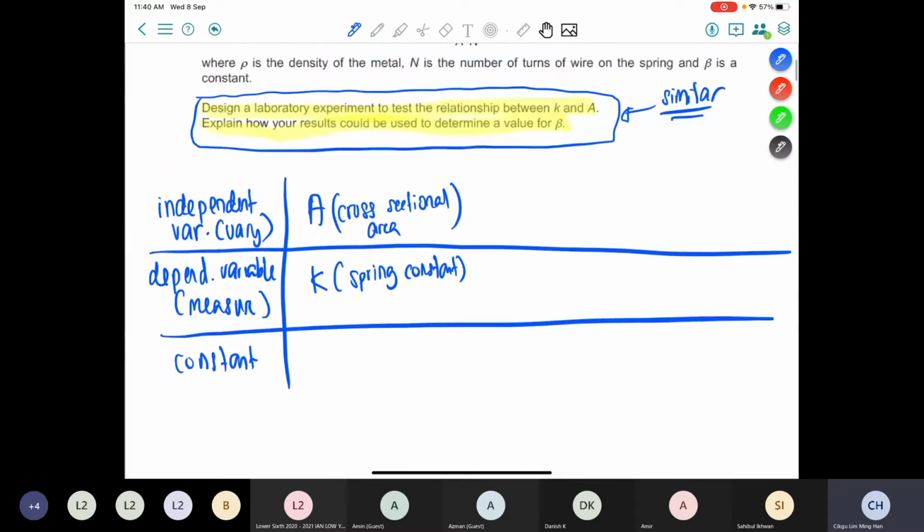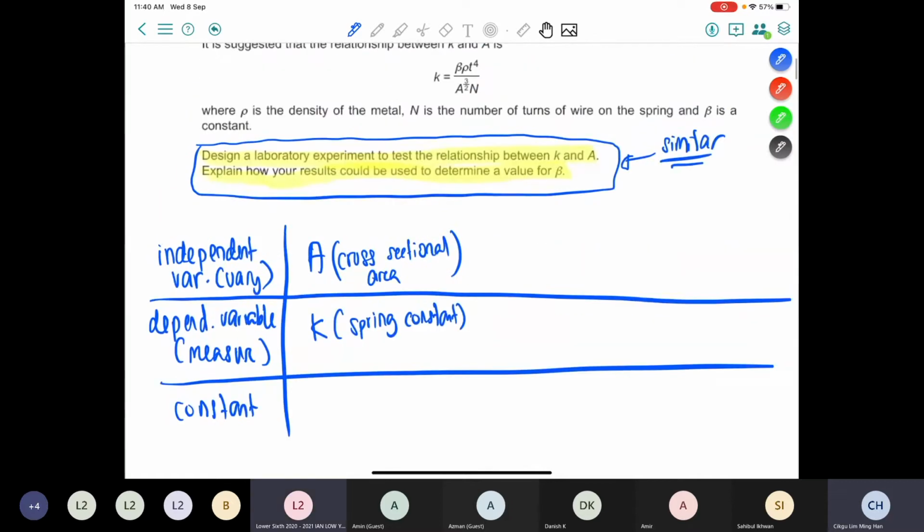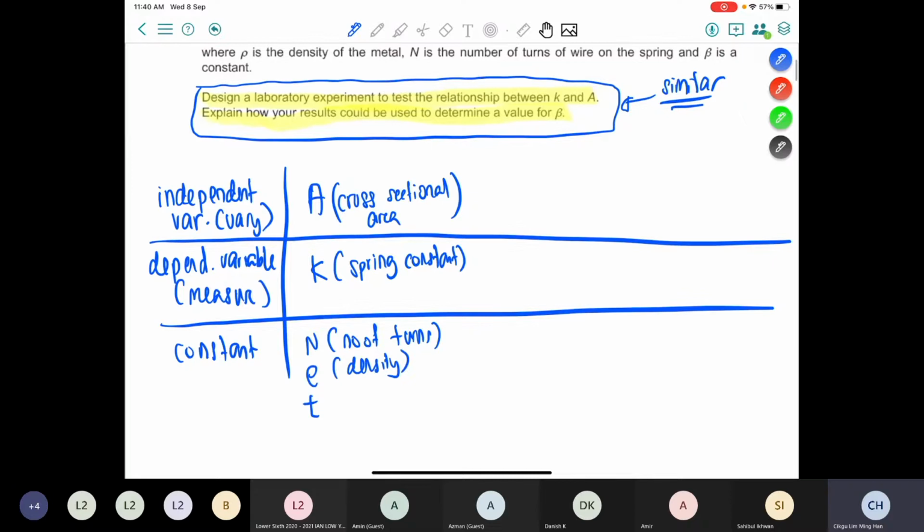And then what about your constant, Ian? The number of turns, the density, and the thickness. Okay, thank you. Number of turns, the density, and we also have the thickness. All right, thank you, Ian, for your explanation here.